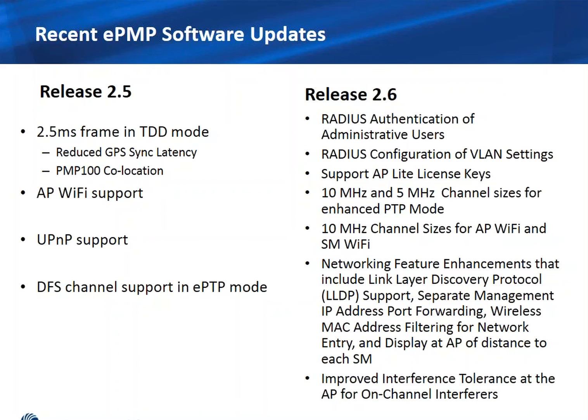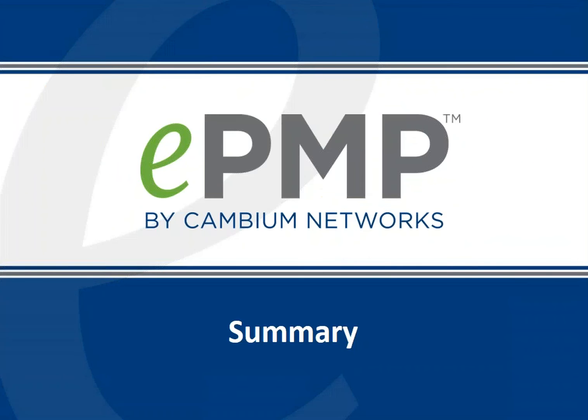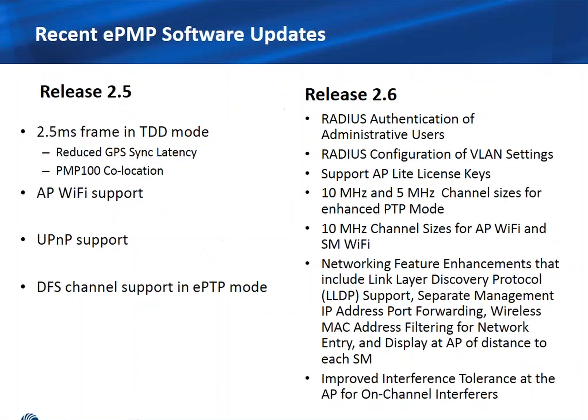This software also supports the AP Lite license key that I just referred to. And then we enhanced the enhanced point-to-point mode of operation by adding support for 5 and 10 megahertz channels, as well as adding 10 megahertz channel support for the AP mode of operation.